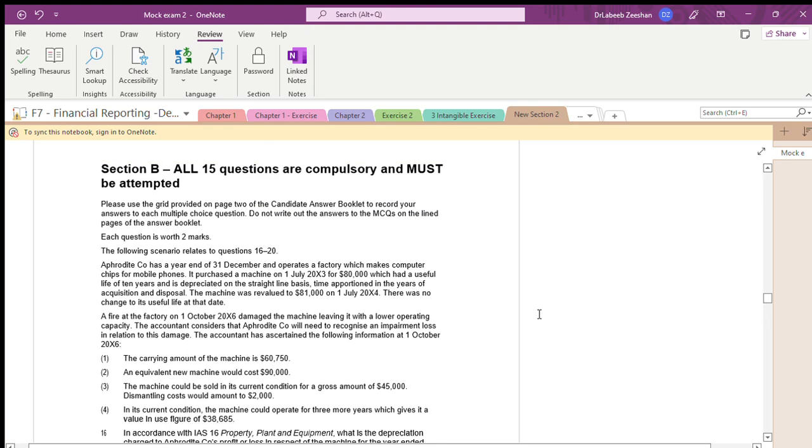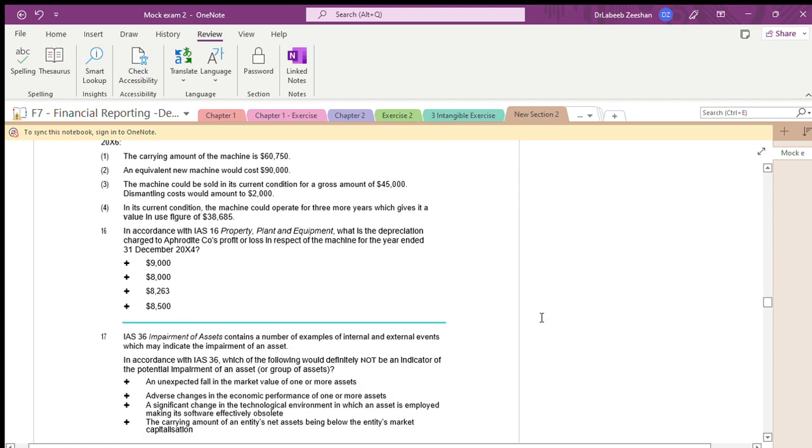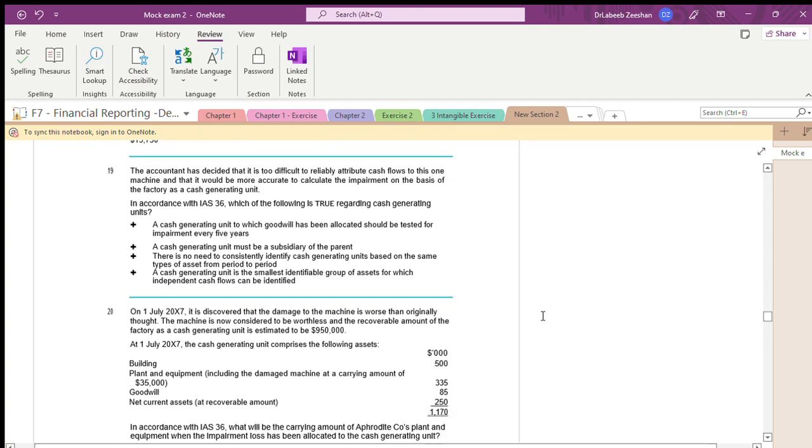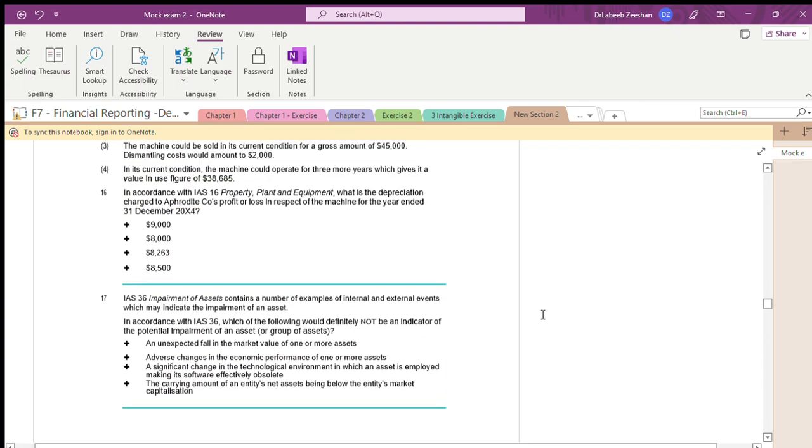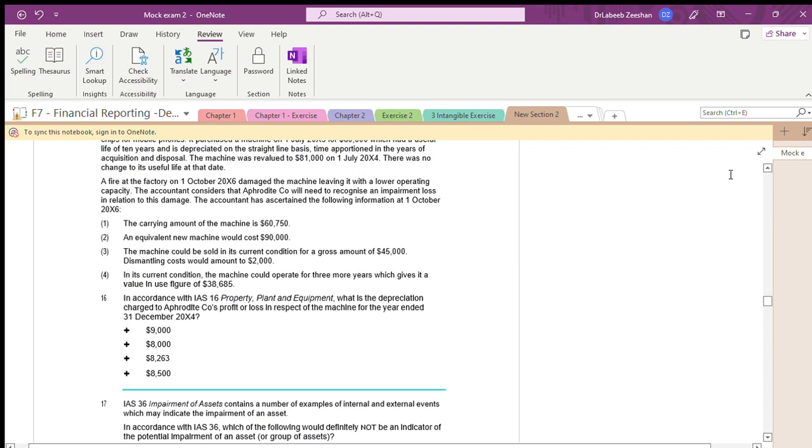Section B. Okay, section B. Definitely, they will put one scenario and they will ask you to answer. Now, first, what you have to do? Very briefly, we are talking in terms of depreciation charge.